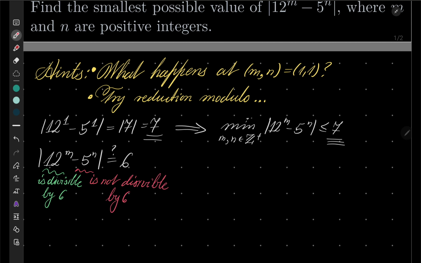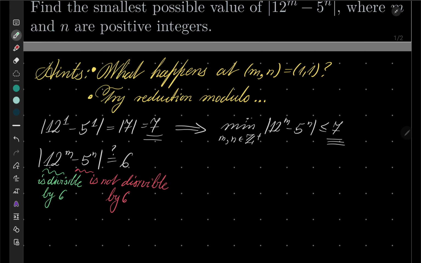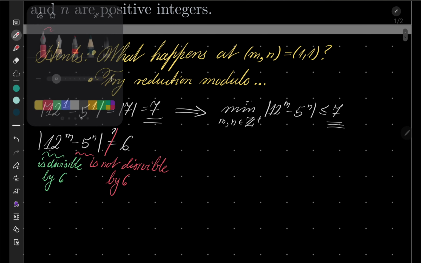And on the right hand side, 6 is divisible by 6, so it's a contradiction, because the number on the left hand side is not divisible by 6, and 6 is divisible by 6. So we get a contradiction. It's not equal to 6.